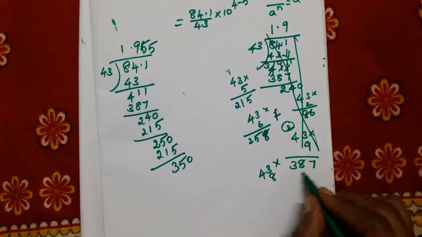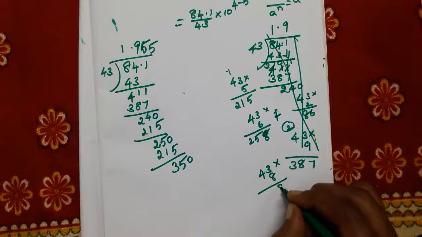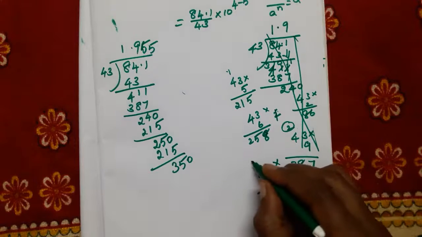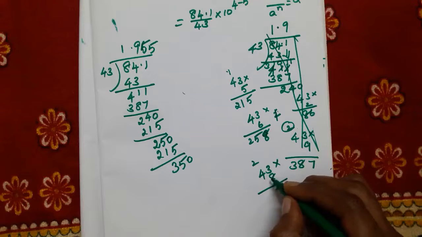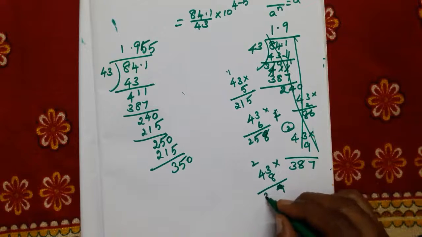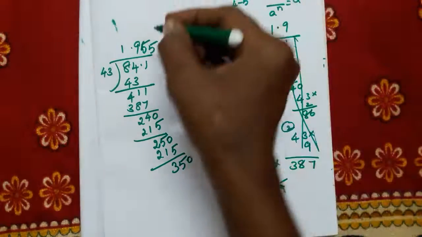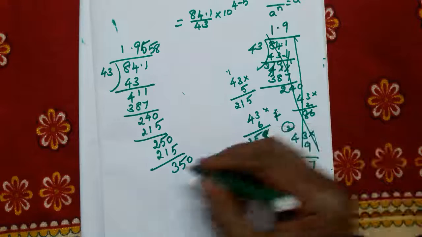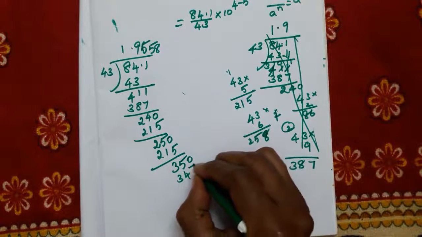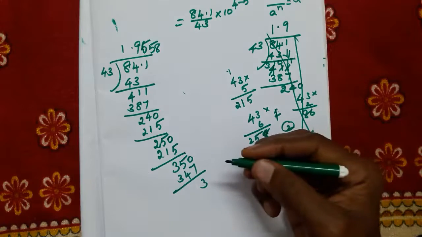What will we get? 8 3s are 24, 2 balance. 8 4s are 32, 32 plus 2, 34. So 8 times we are getting 344. Subtracting, 3 balance.